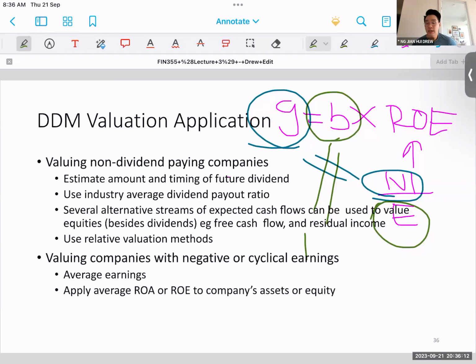So we should use, of course, not the DDM, but the free cash flow to firm or to equity model, especially for negative earnings. Because with negative earnings, there's no point looking at earnings, right? We should look at cash flow, because remember, cash flow and earnings are different. I hope you still remember how to calculate free cash flow. We will do an in-depth question and analysis in the next lecture. But if you refer to lecture 2, we did talk about a couple of formulas.